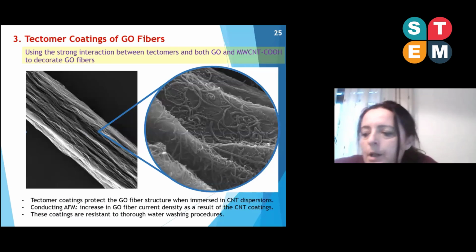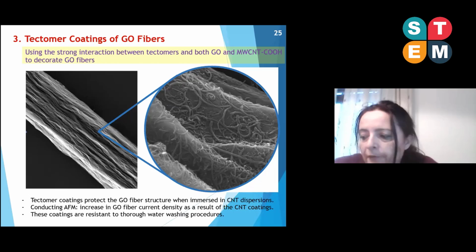For example, we observed that GO fibers fall apart upon immersion in carbon nanotube dispersions due to the well-known affinity between carbon nanotubes and GO. However, in the presence of Tectomers, the fibers are not destroyed, as Tectomers act like a protective layer.